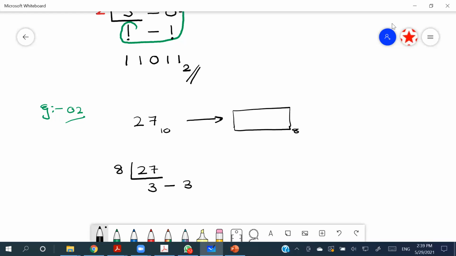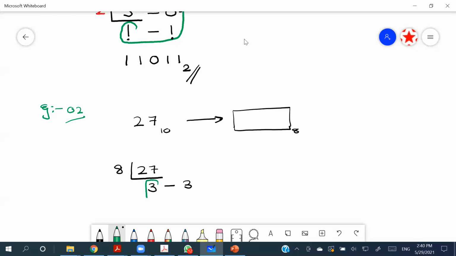In the previous division, we divided until something less than 2, and in this division, we are going to divide until something less than 8. So 3 is something less than 8. So am I going to divide this anymore? I'm not, right? So then I have stopped from here.